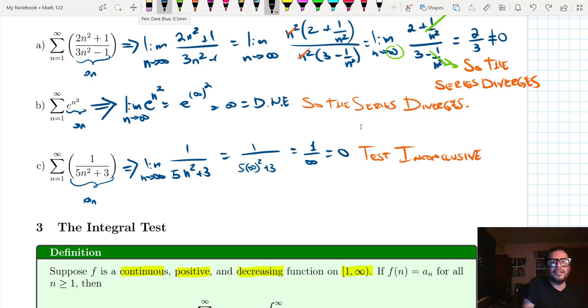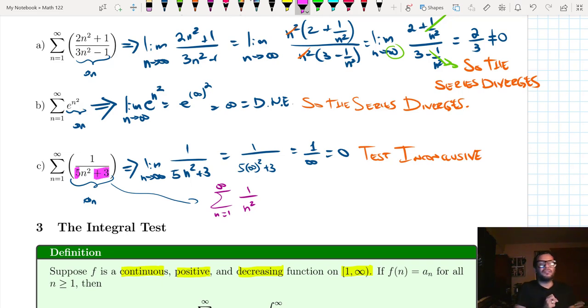I'm going to compare this with sigma 1 over n squared. I'm going to pretend that I don't have this 5 as a coefficient and this plus 3. I'm just going to focus on n squared.